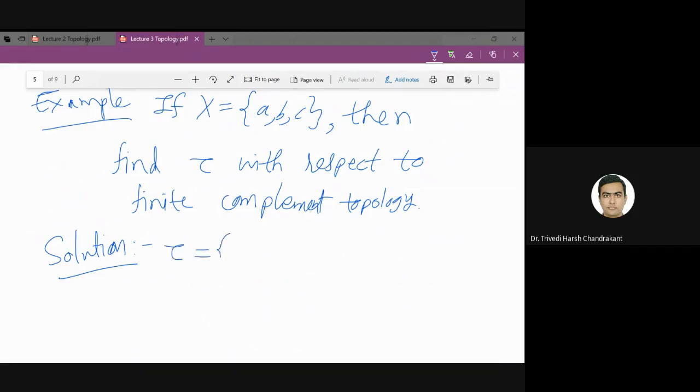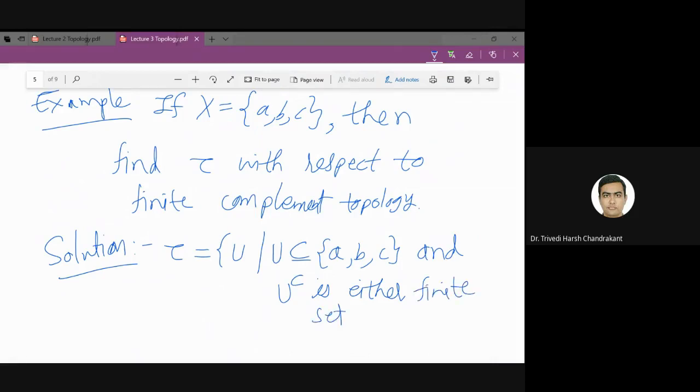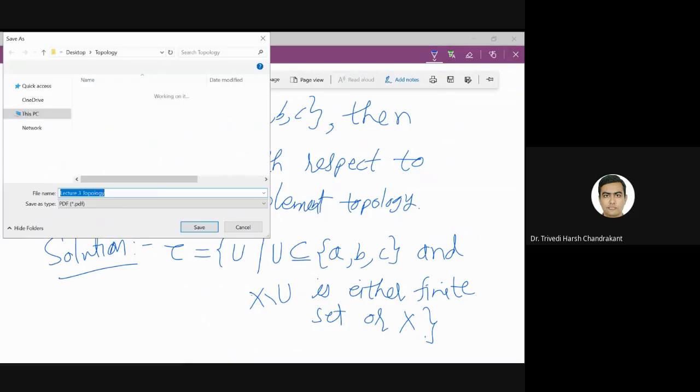Tau is the collection of U such that U is a subset of the three element set A, B and C, and the extra condition is that U complement, or X minus U, or U dash, is either a finite set or whole X. If you get confused, I can use the same notation X minus U here.